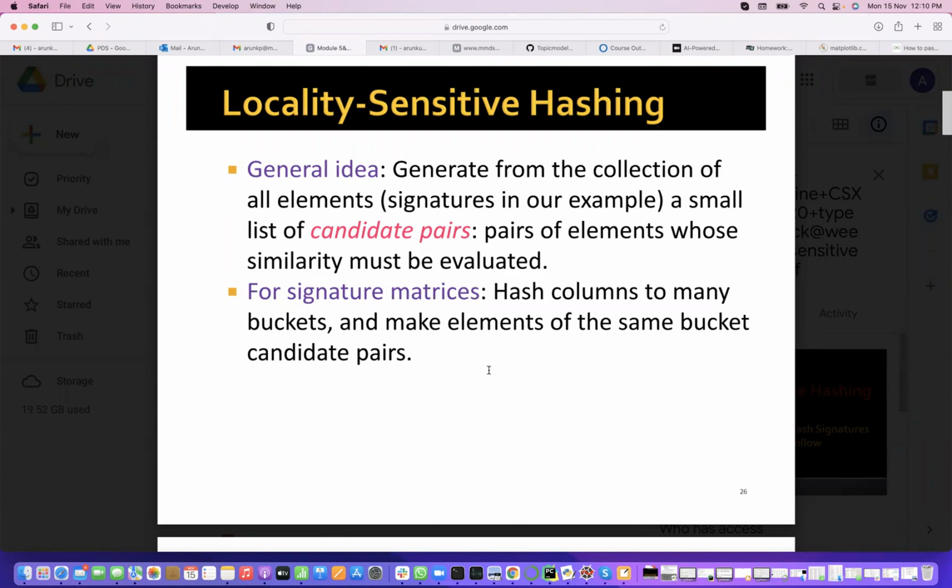They fall into different buckets because their signature is not the same. We are hashing the signature, which is nothing but the values in that column of the signature matrix. If a document's signature is the same as another's, they should go to the same hash value. If they fall into different hash values, their signatures are different, and when their signatures are different, they are not similar.